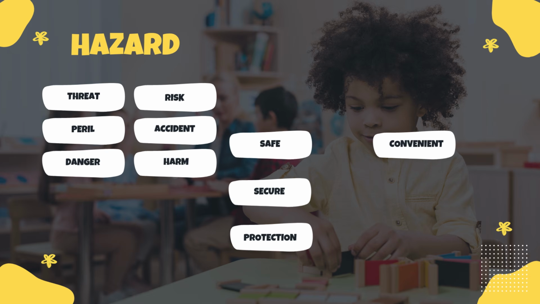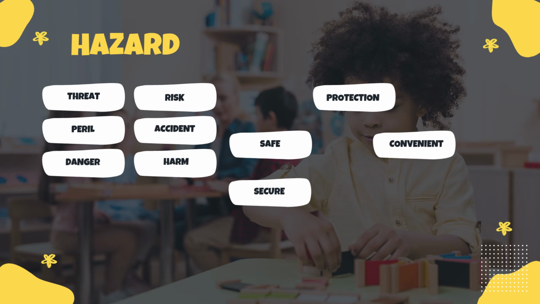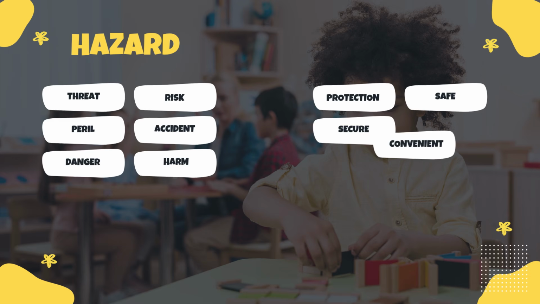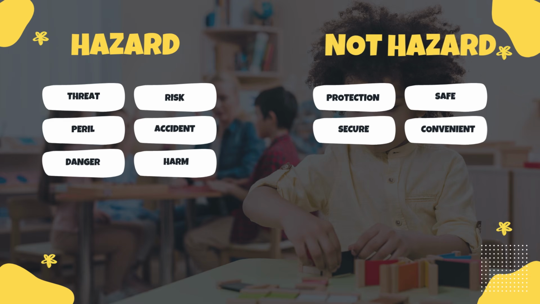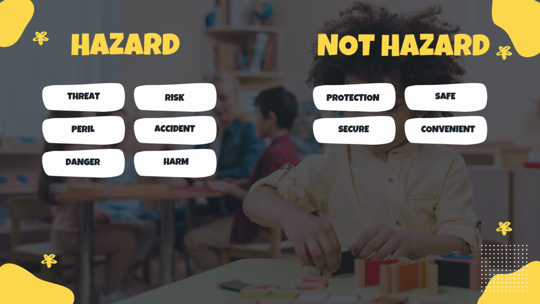They are the ones connected to hazard. Meanwhile, words such as protection, safe, secure, and convenient do not belong in the hazard group. These words suggest safety, comfort, or security instead. So remember, whenever we hear the word hazard, we should connect it with risk, danger, or harm, not with safety.